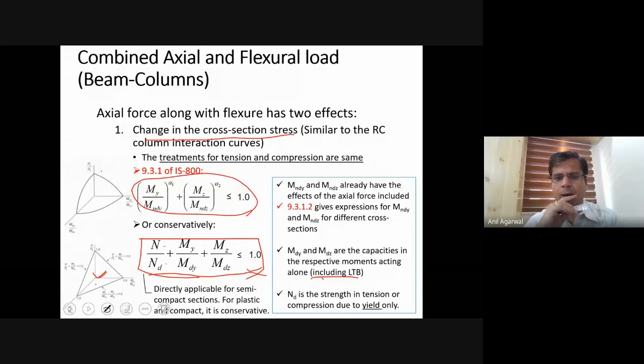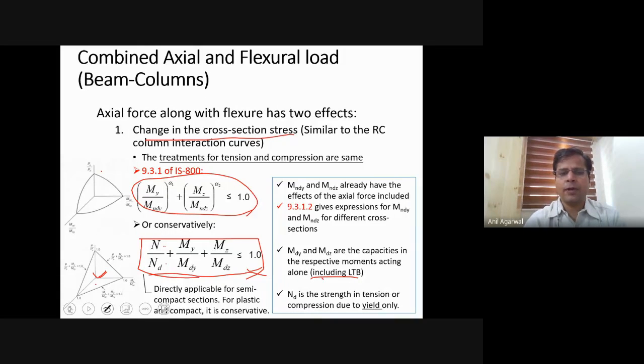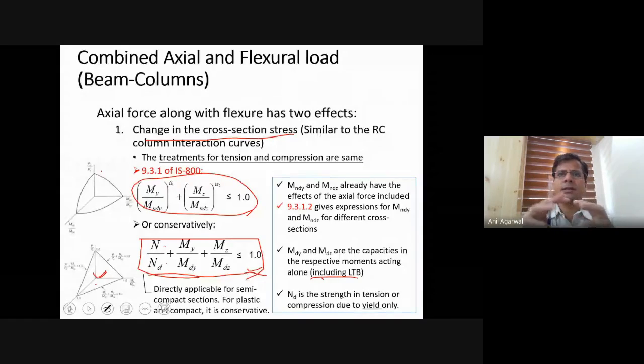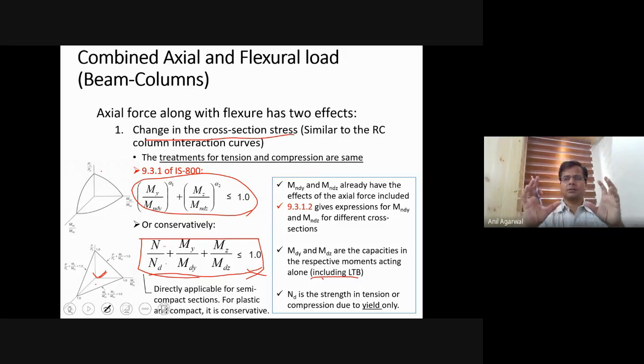Now, the value of N can be in tension as well as in compression. The reason is that there is certain stress because of bending, certain stress because of bending in the other direction, and certain stress coming from tension or compression. If there is bending in the major axis, one fiber is in tension and the other fiber is in compression.